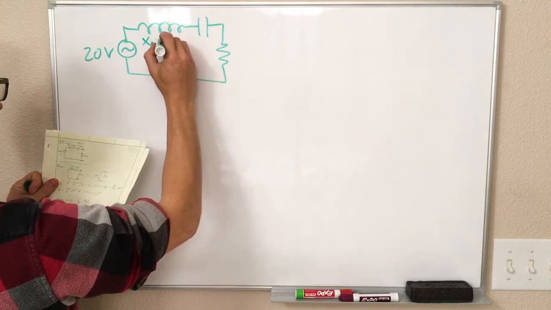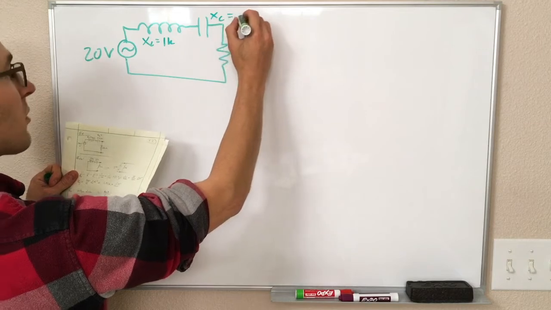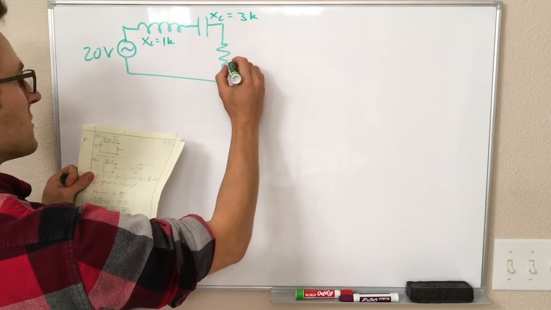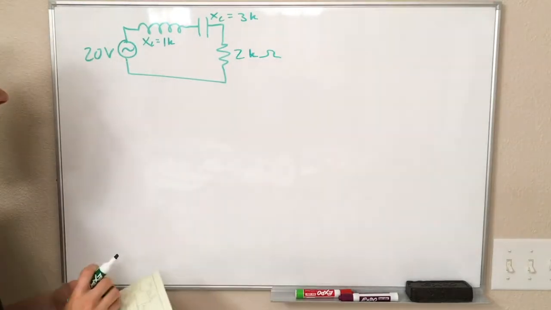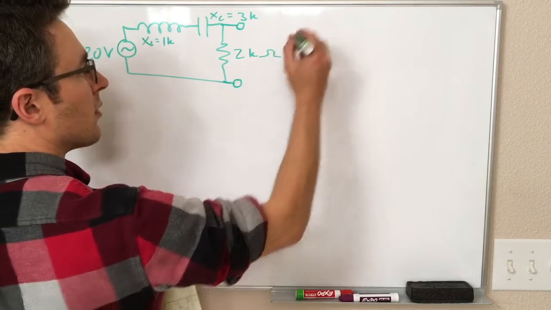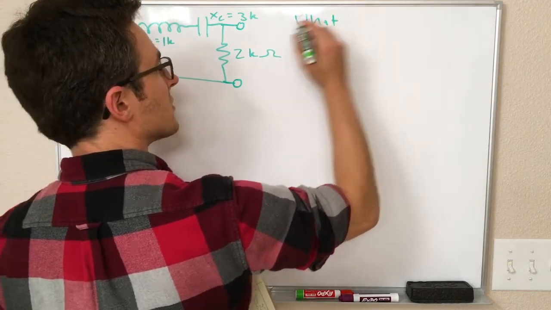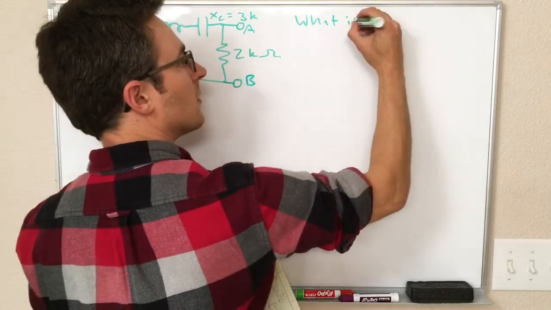So XL is equal to 1 kiloohm, XC is equal to 3 kiloohms, and the resistance is equal to 2 kiloohms. And we are interested in the Thevenin equivalent circuit with respect to these 2 points.